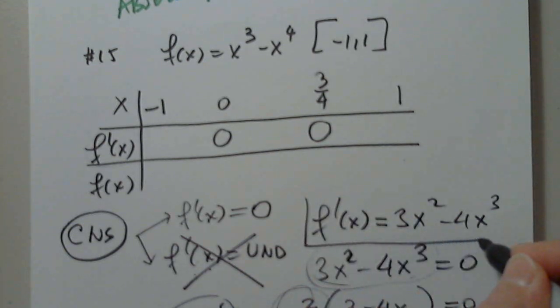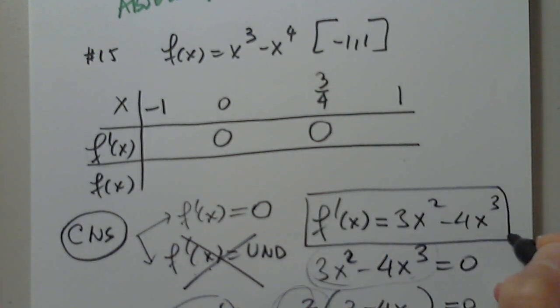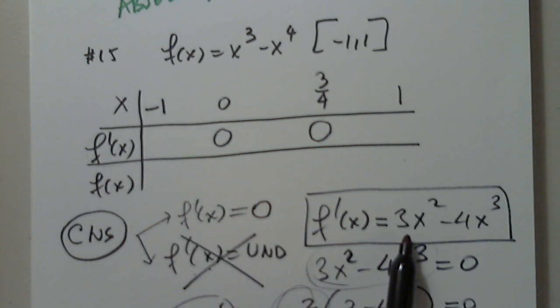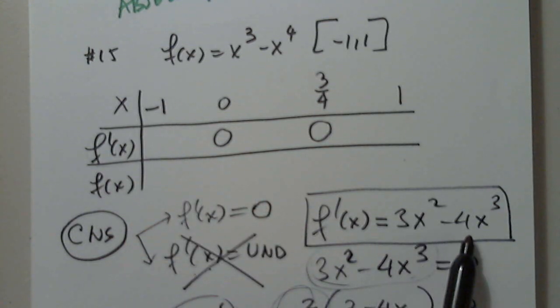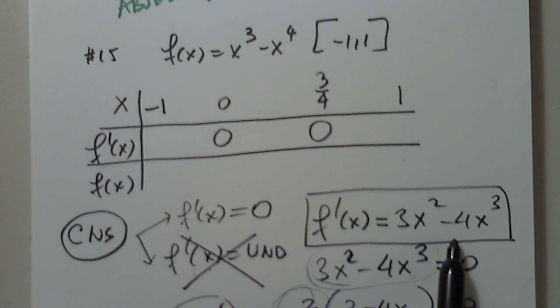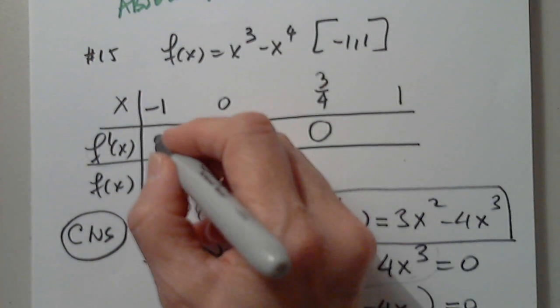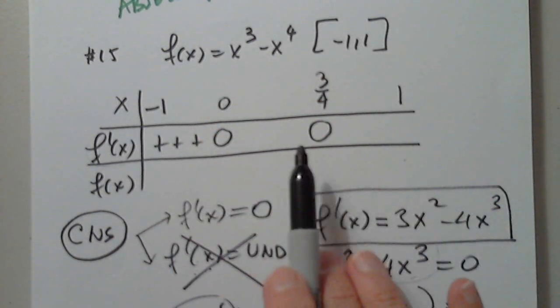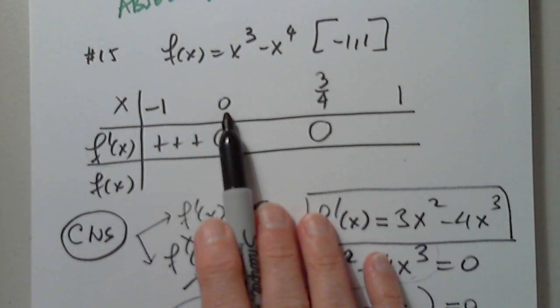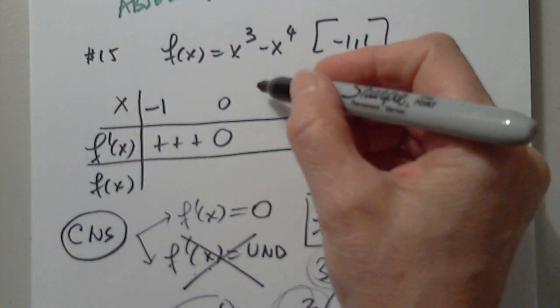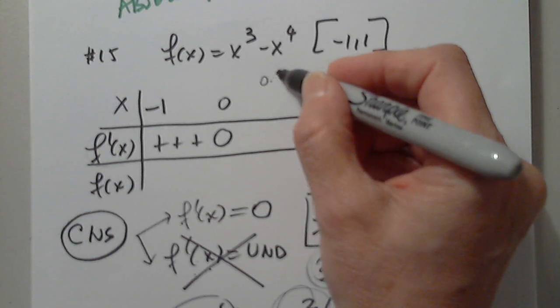So here's the derivative. When I plug in -1, this is 3, but this is +4, because -1 cubed will be negative, times -4 will be positive, so this is positive. I'm going to plug in, between 0 and 0.75, let's say, 0.2.